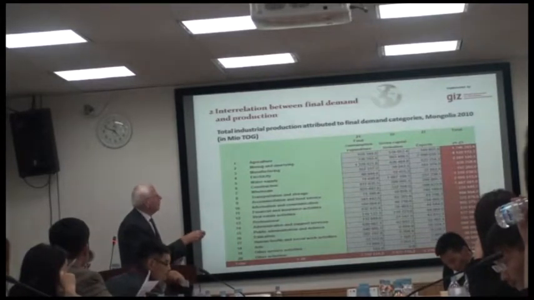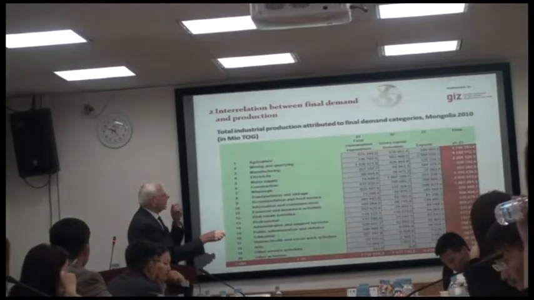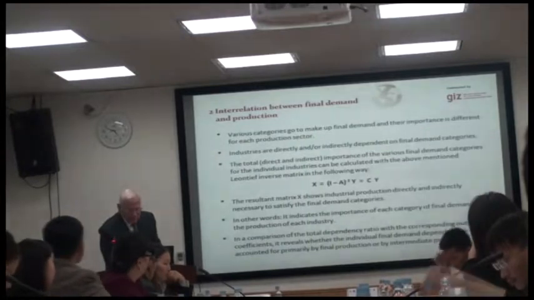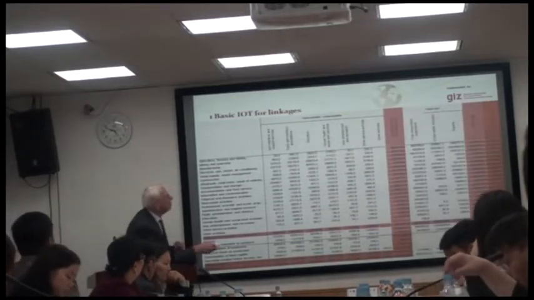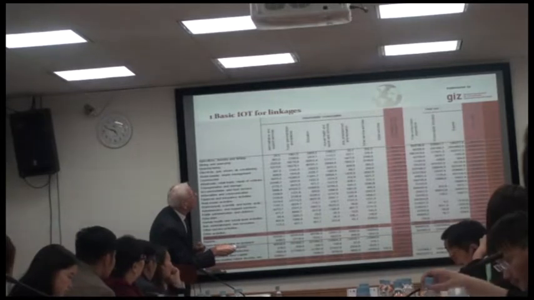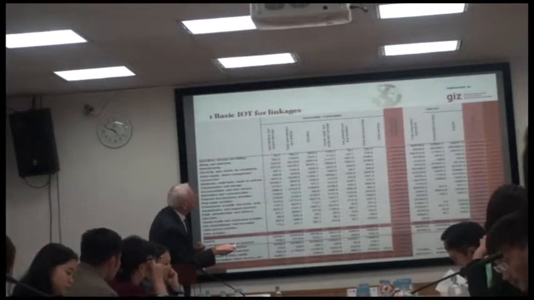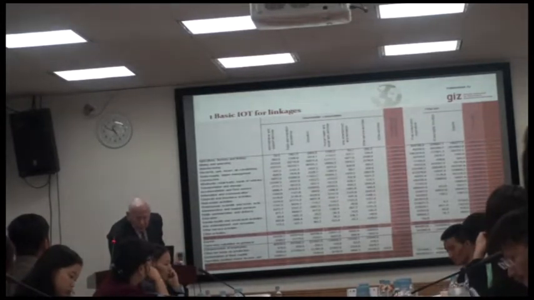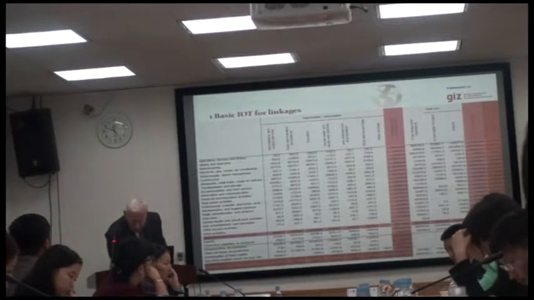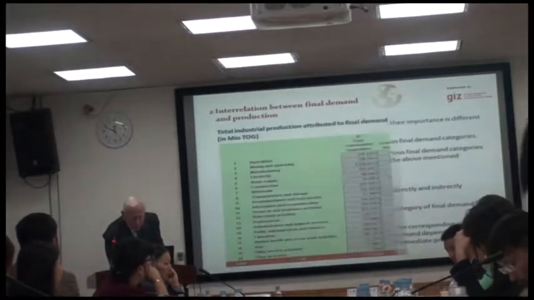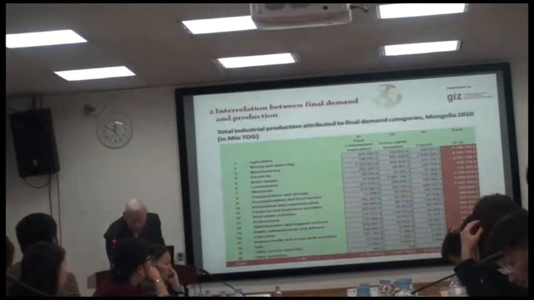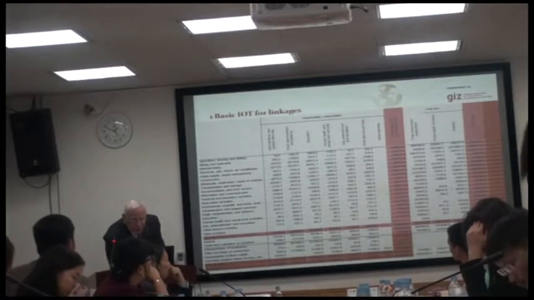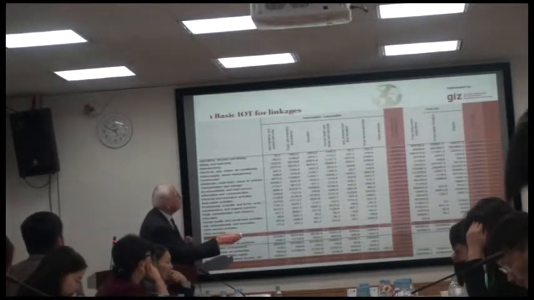Let's look. Here we have agriculture to final consumption expenditure 878. What we have in our basic table, it must be lower. Here we have only 369.